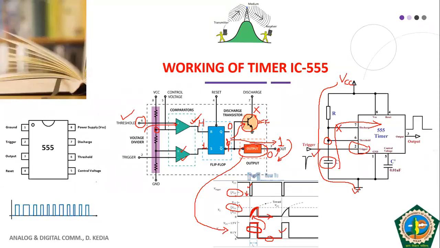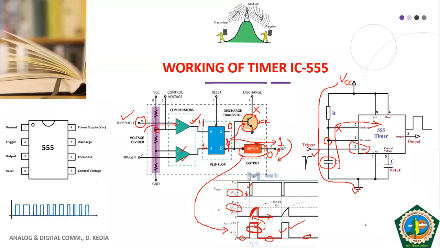Here I have simply explained the working of the 555 timer IC as a monostable multivibrator, where this is my unstable state and this is my stable state. This is how we have learned the operation of the 555 timer IC as a monostable multivibrator.